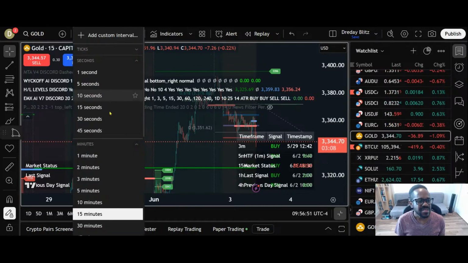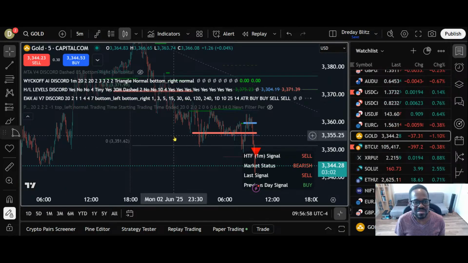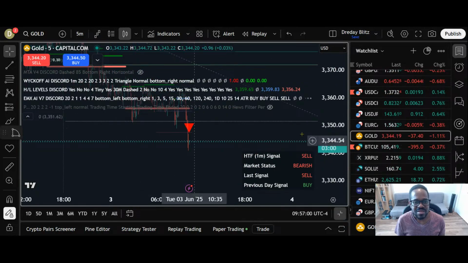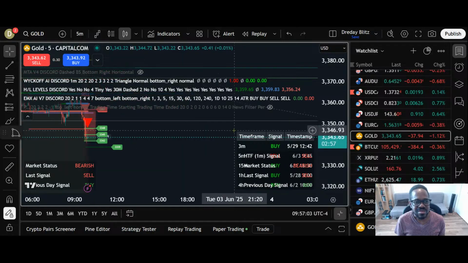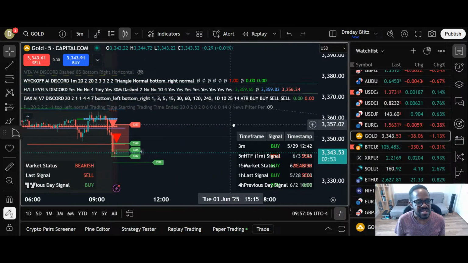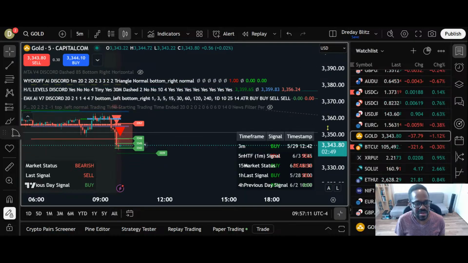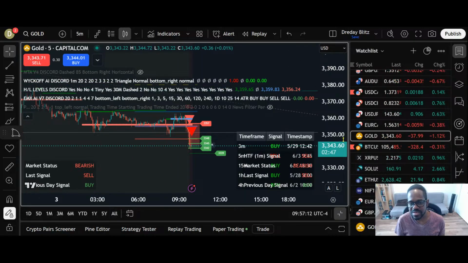But if you go on a 5, you said that you had a sell. Yeah, so we have a sell here, and you have a sell. So you had a sell on both Wyckoff and EMX.